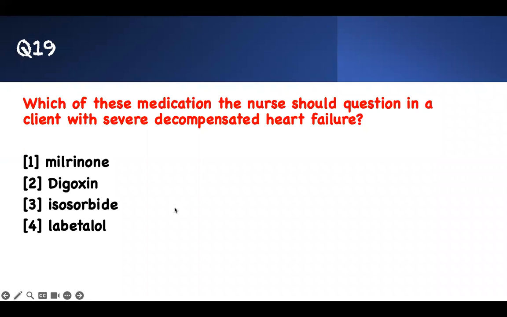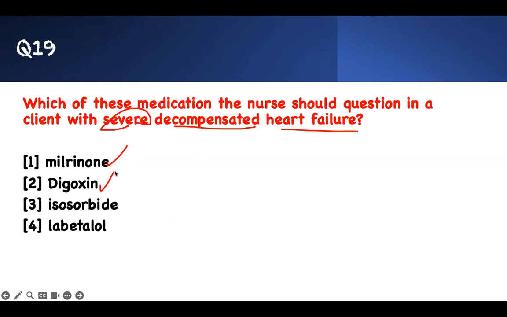All right. Which of these medications should the nurse question in the client with severe decompensated heart failure? Which one should I question? You have to bring your pharmacology. Propranolol is not used for severe decompensated heart failure, so that is the one we question.